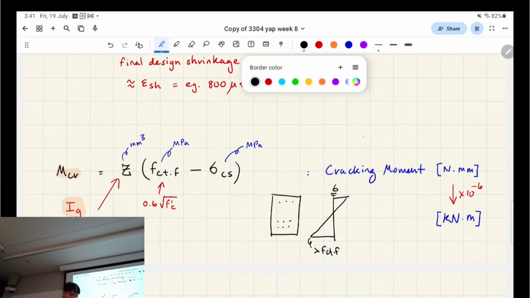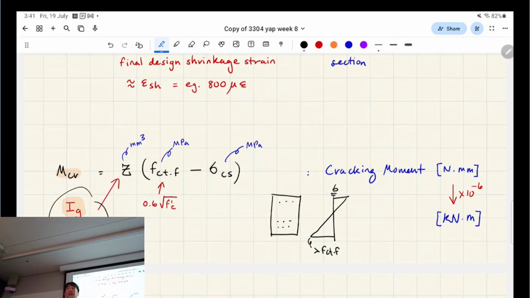And then you multiply it by Z, and then Ig on. Okay, but the thing is, I'm not sure if you've seen this in solid mechanics before, right? Z is equal to I over y-hat. Have you seen that before? Yeah. So Z, right?